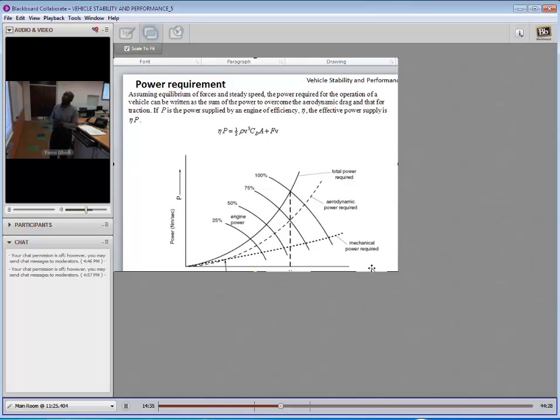Let's look at power requirements, where, of course, we assume equilibrium of forces at steady speed. That's a simplified form to be able to look at power requirement. This is the trend of power requirement, the expression for power that is supplied for an efficiency, that efficiency.